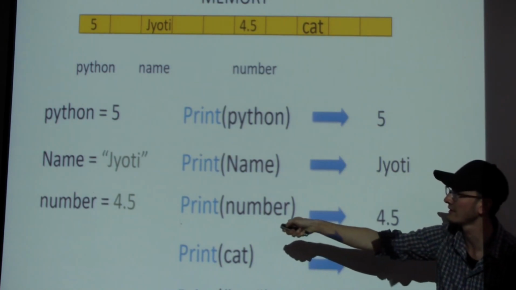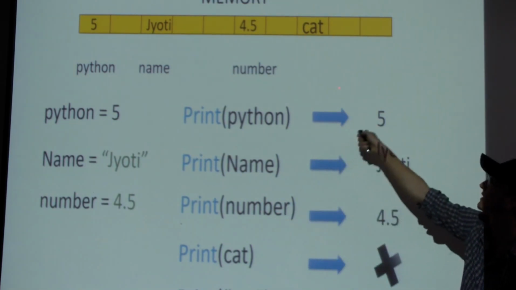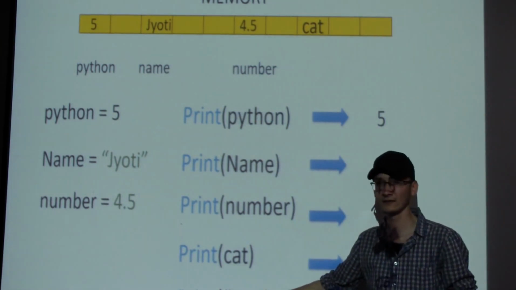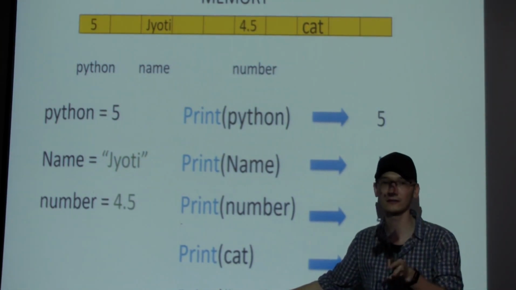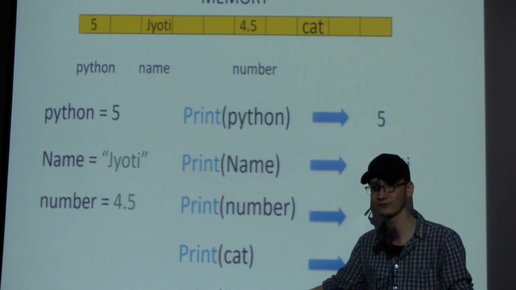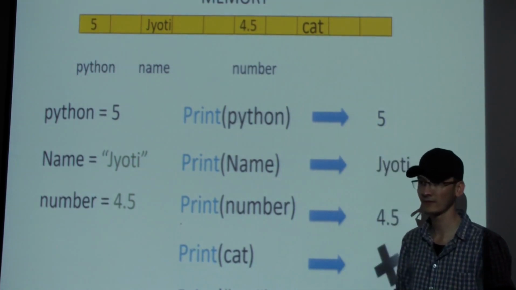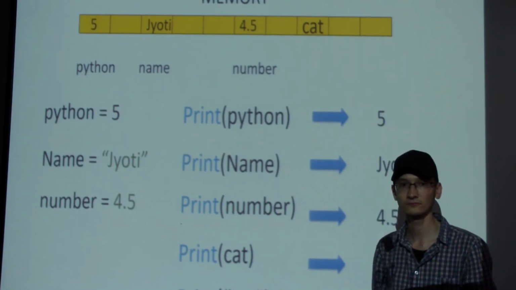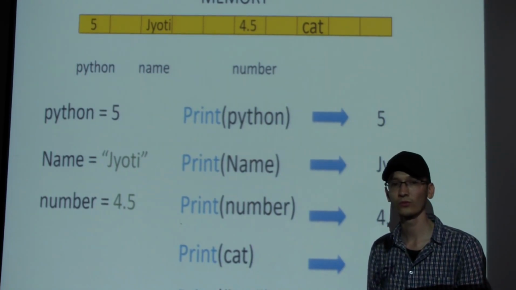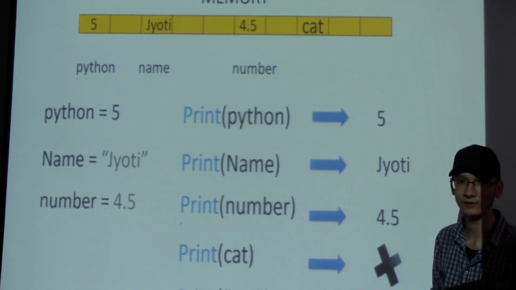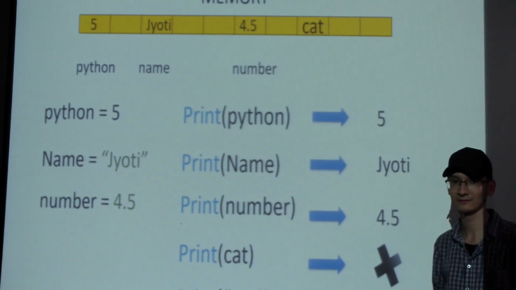For example, number and name, we have variables. But here, no variable. So we can print directly any value: cat, 5, 4.5. With the quotation marks. Why do we even need to create variables? What are the benefits? You will understand the benefits later.